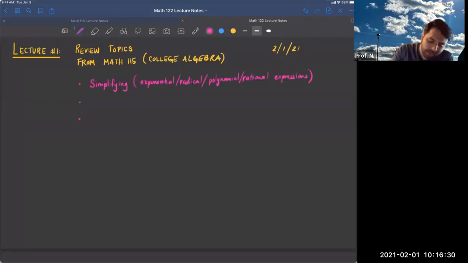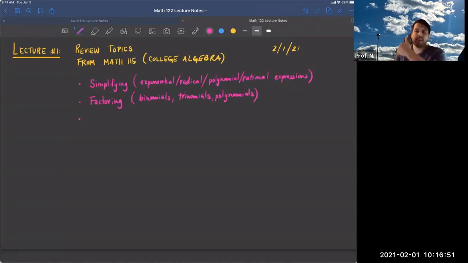We also learn how to factor. Factoring is an extremely important skill. So we did factoring what? We did binomials, right? Trinomials, and so on and so forth, the polynomials. So we learn how to simplify things. We learn how to factor things.